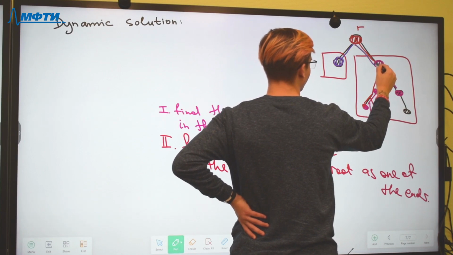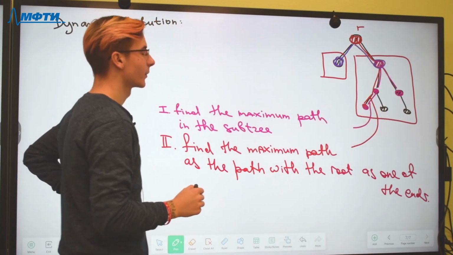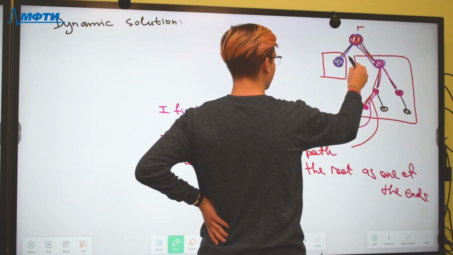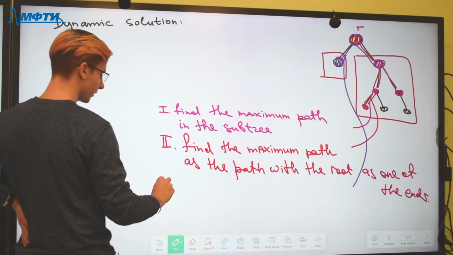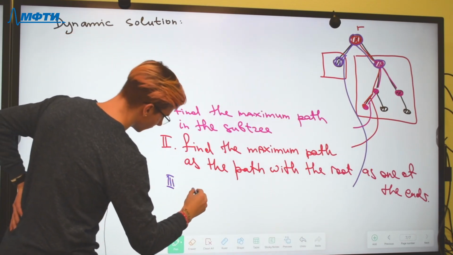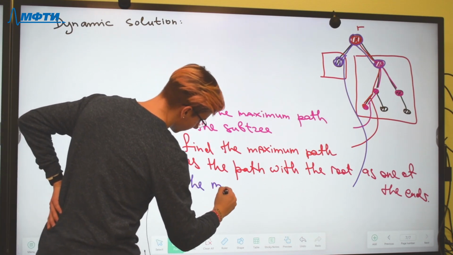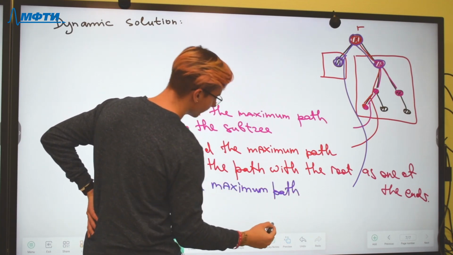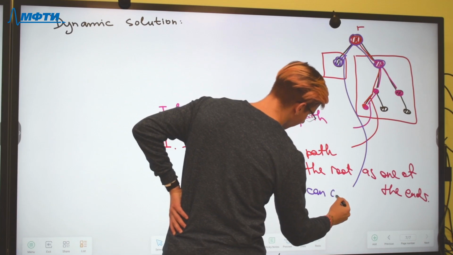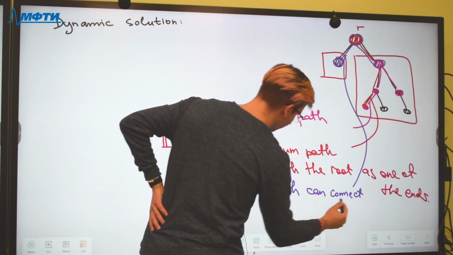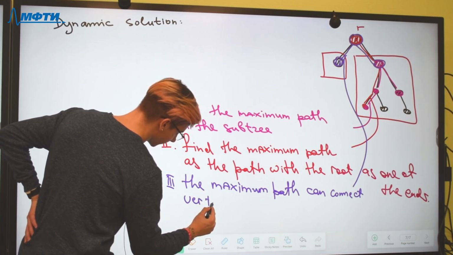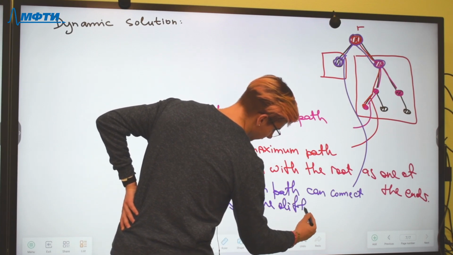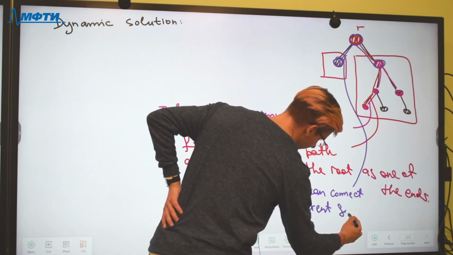It can be, for example, a side path. It is the third way. The maximum path can connect vertices in different subtrees.